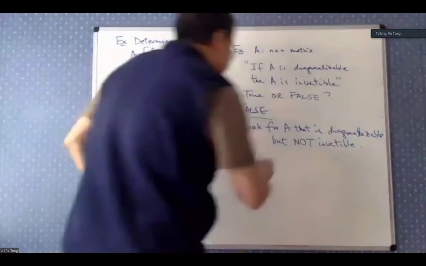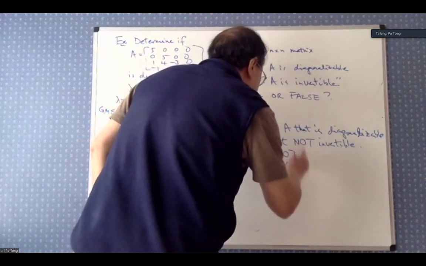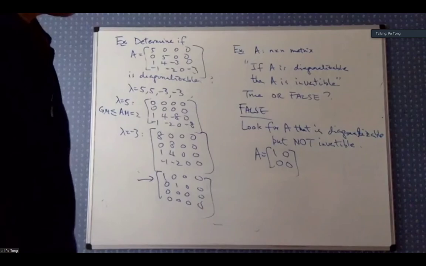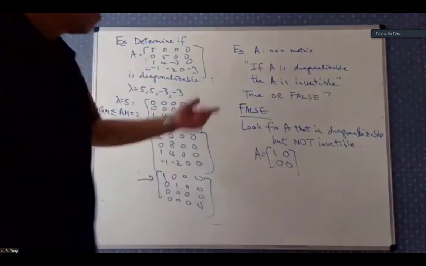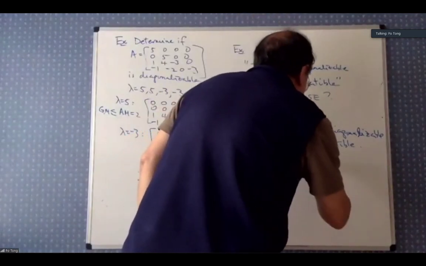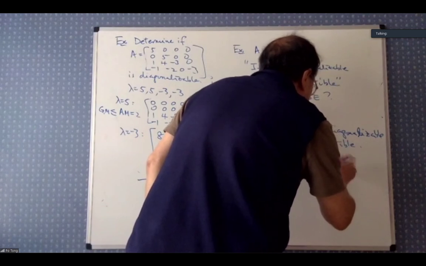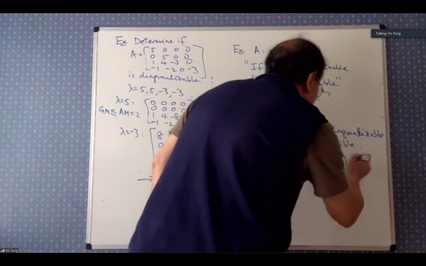Okay. So I'm going to just say A is this. Is it diagonalizable? It's already a diagonal matrix. So A is equal to, my P is just an identity matrix in this case.